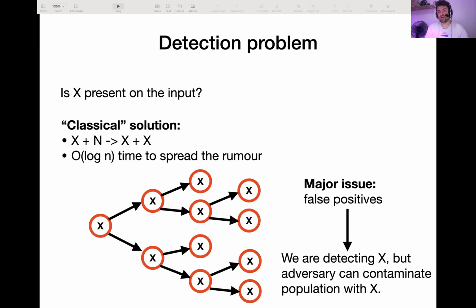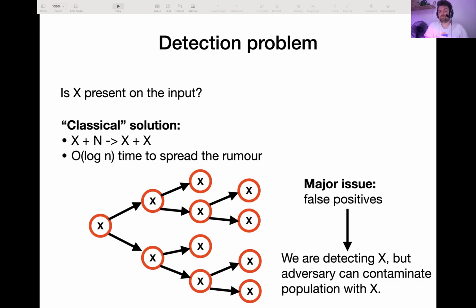So let's take a look at the easiest problem that becomes hard by the introduction of leaks. The problem is the detection problem: is some species X present in the input? The classical solution would be that everyone is in a neutral state, and X is a source of a rumor. If X meets N, then both go into X. This is classical rumor spreading.